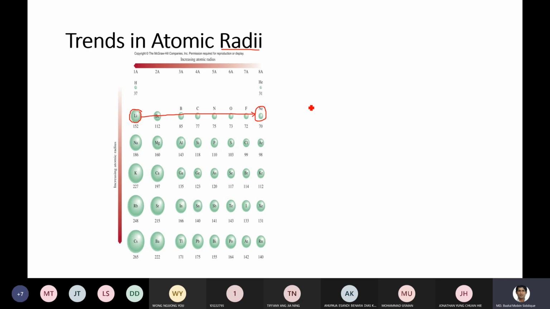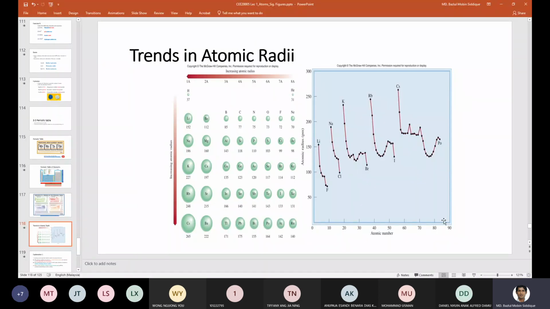It's counterintuitive. Neon was supposed to be bigger than lithium. Why is it happening? Because the number of protons is increasing, and that is why.